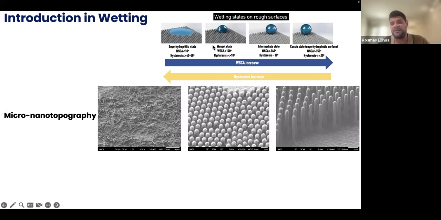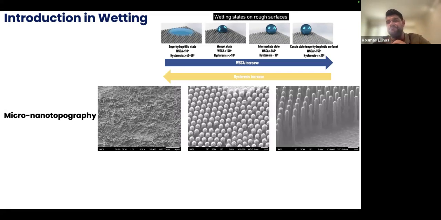Whereas there are several other states like the Wenzel state, in which we have intermediate wetting and some part of the drop is pinned on the topography, but there is a spherical shape of the drop. And of course, we have the Cassie state, in which the drop is completely, let's say, spherical, and can easily move on this kind of surfaces without any friction. And you can take advantage of this kind of situations to have the self-cleaning effect we talked about earlier.